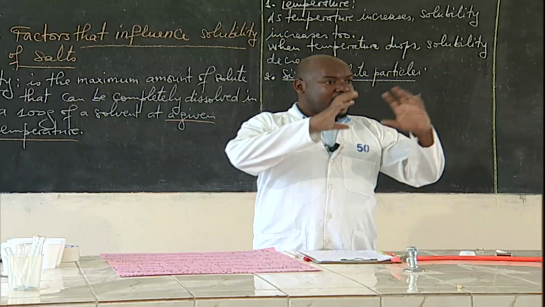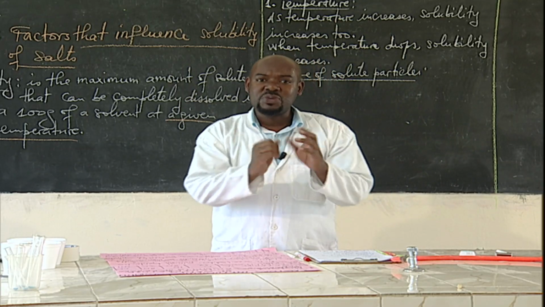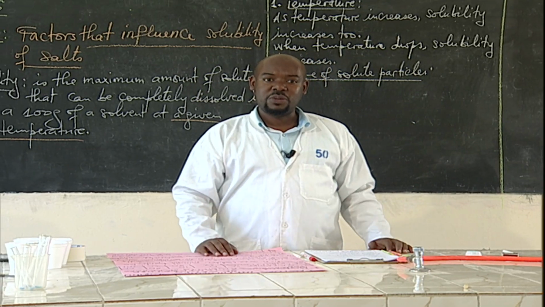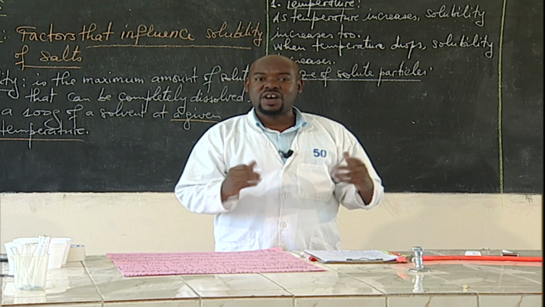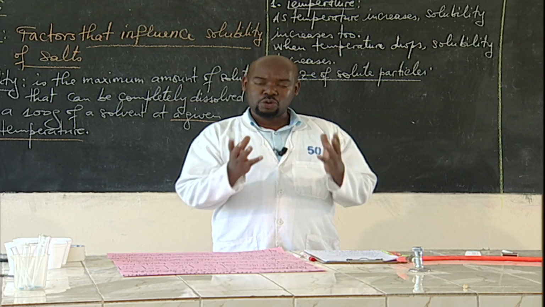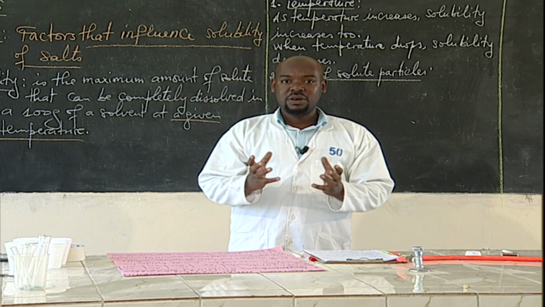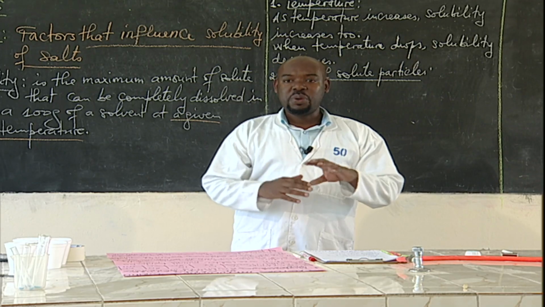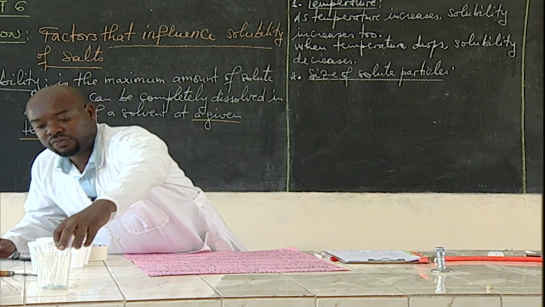When we use large particles of table salt, and when we use very small particles of table salt, what kind of particles dissolve faster? Have you ever tried to do that? When you use large particles, what happens compared to when you use small particles? Let us have a look.